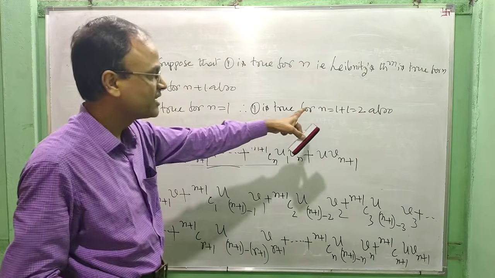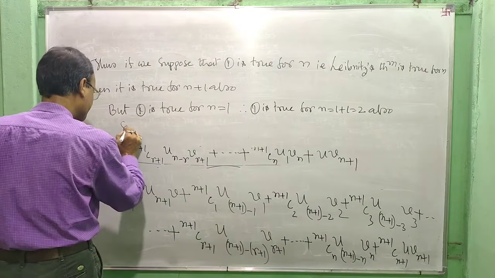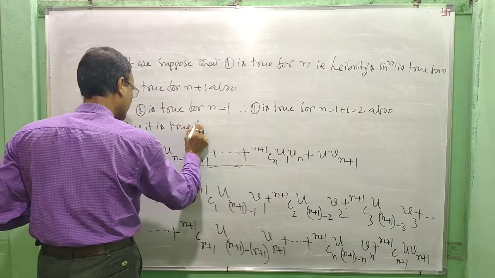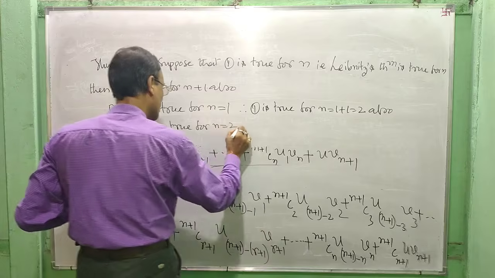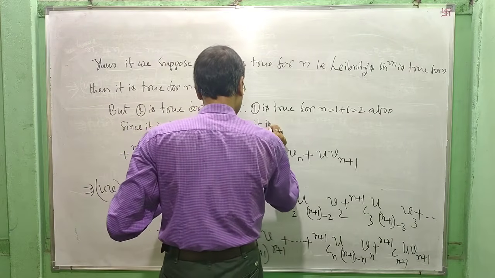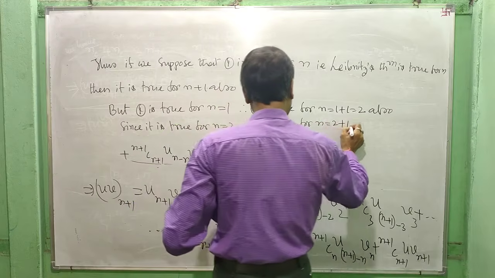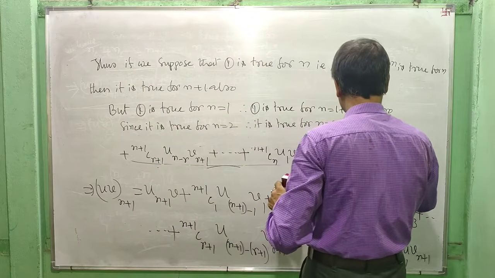Since it is true for n equal to 2, therefore it is true for n equal to 2 plus 1, this is equal to 3 also, and so on.